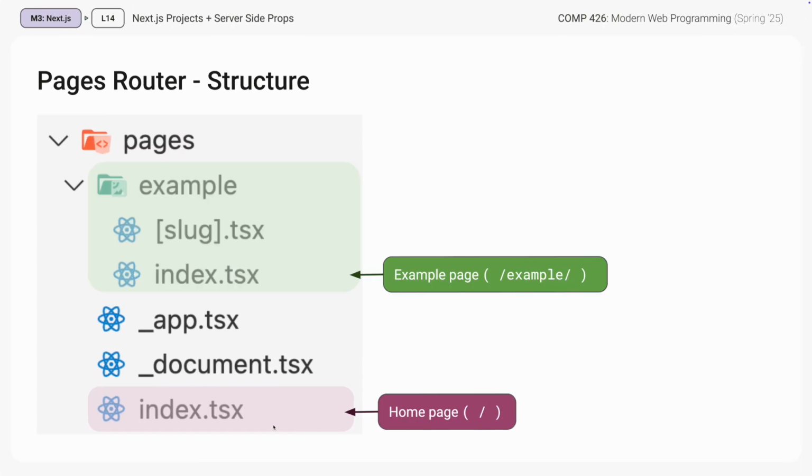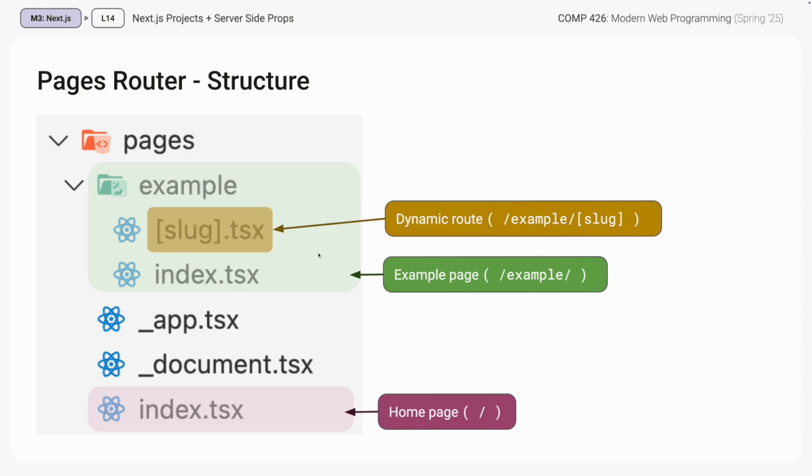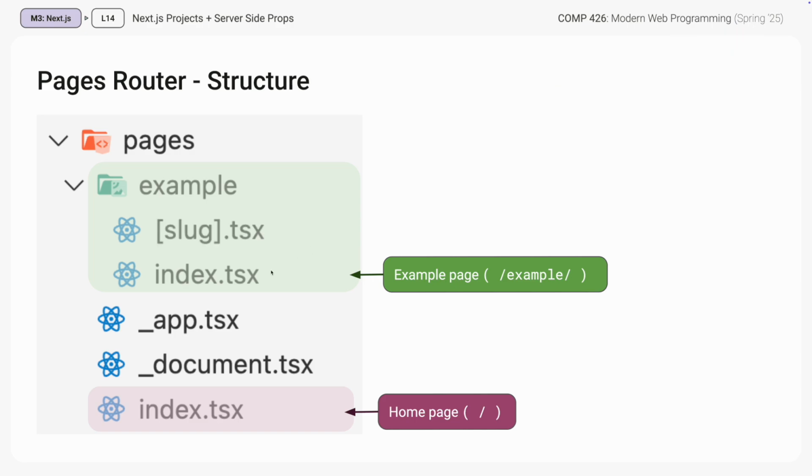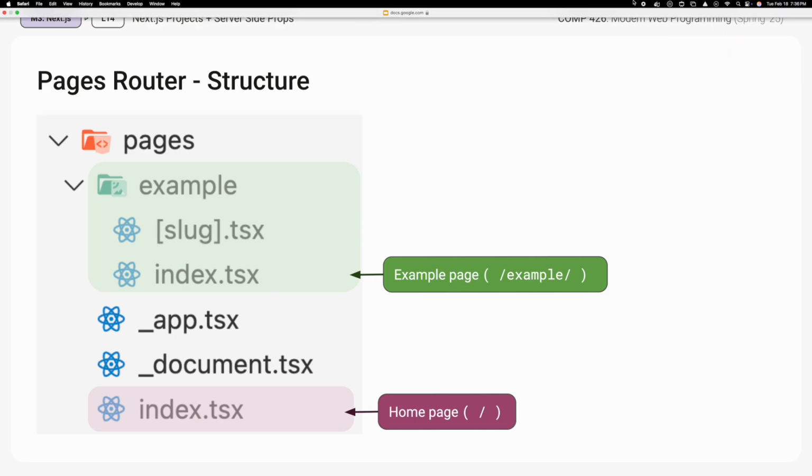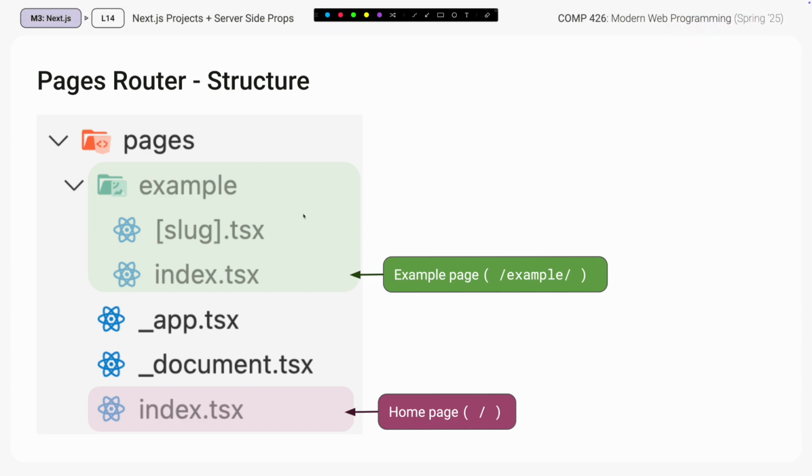However, we can also define pages using either full file names or through folders. For example, if I wanted my web page URL to be /example, I can create an example folder. And then the index that is right over here, sorry, my pen keeps turning off and turning back on. Hopefully, okay, now it's showing up.